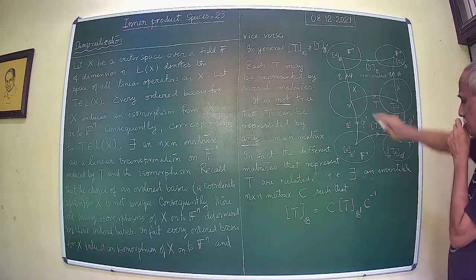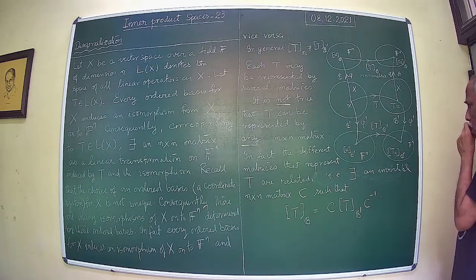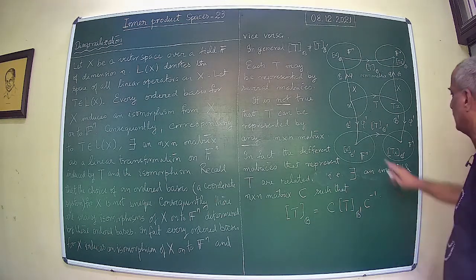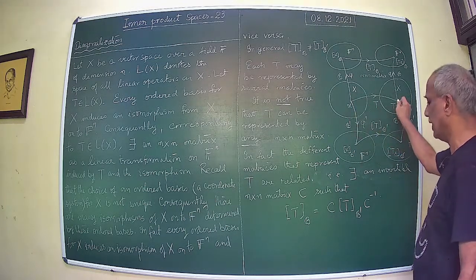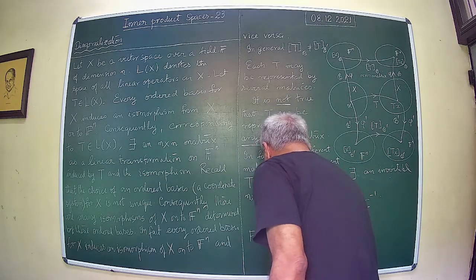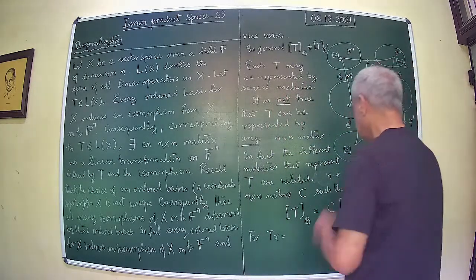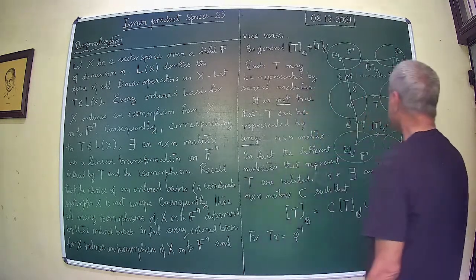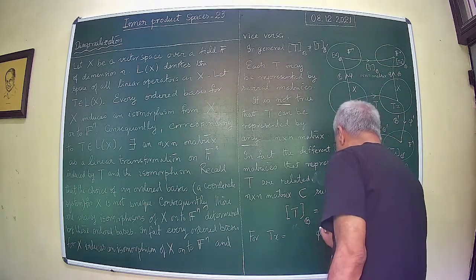It's quite easy to figure it out. Now you can see that connect these two. So in fact what you have is this: Tx can be written as Tx equal to y inverse phi inverse.